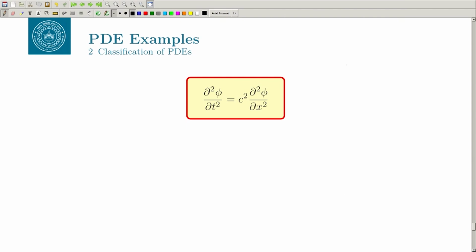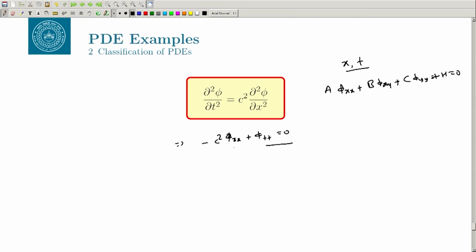Now we have two independent variables, x and t, but our expression has been a phi x x plus b phi x y plus c phi y y plus h equal to 0, right. To make our life easy, let us write it as minus c square phi x x plus phi t t equal to 0, right.